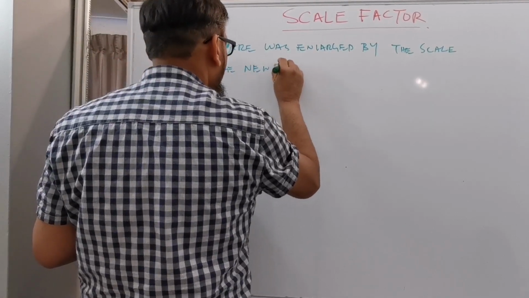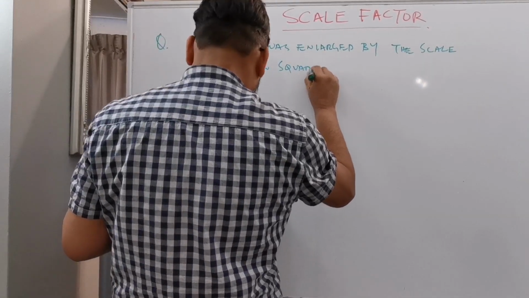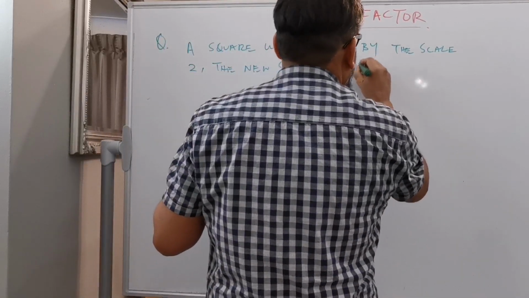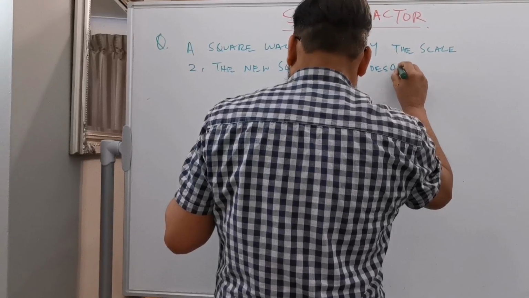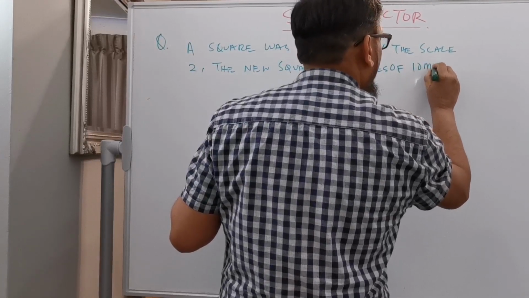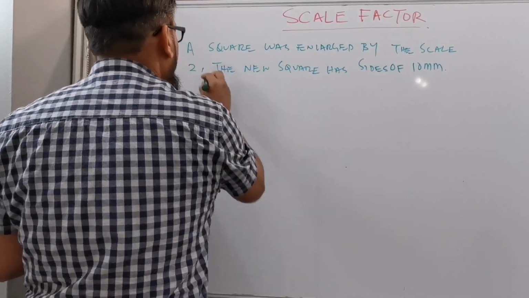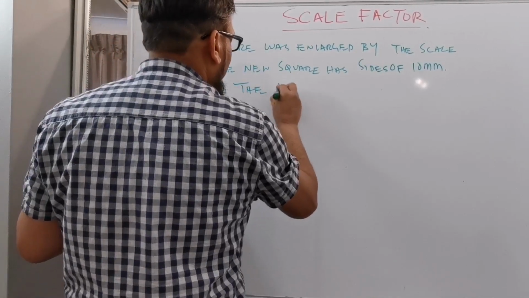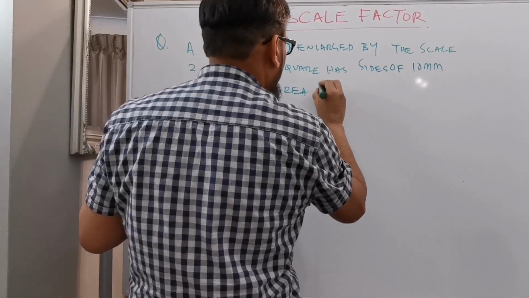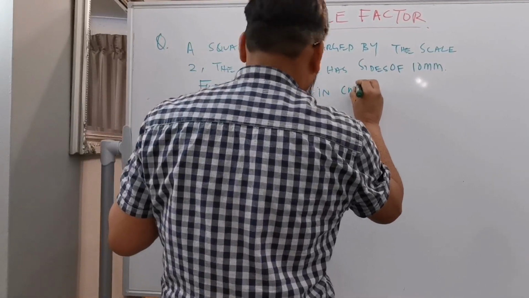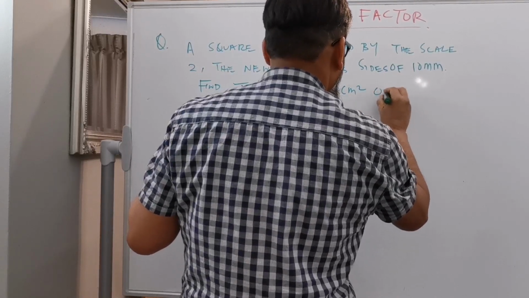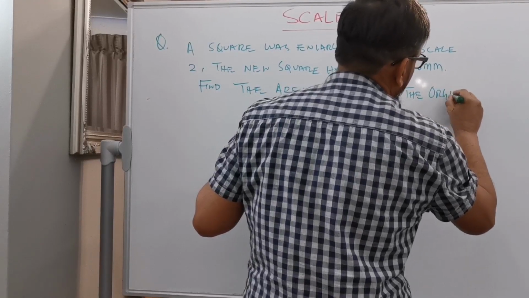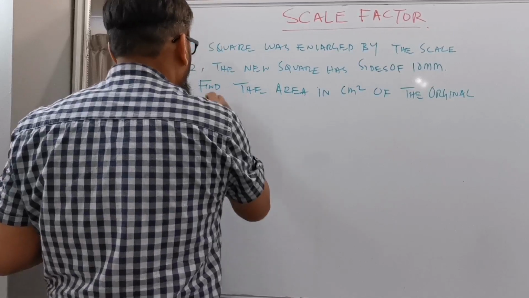The new square has sides of 10 mm. Find the area in centimeter square of the original square.